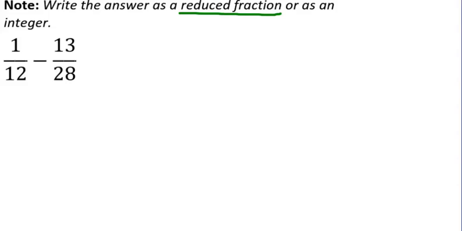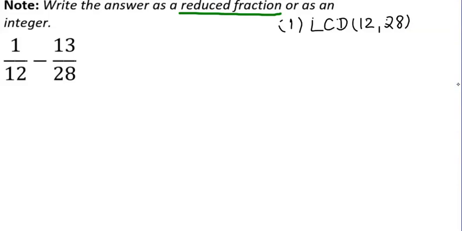Okay, so let's start. These are fractions with different denominators. I have to convert those fractions to the same denominator. So the first step is to find the LCD, the least common denominator, between the number 12 and the number 28. There are 2 processes to use here.